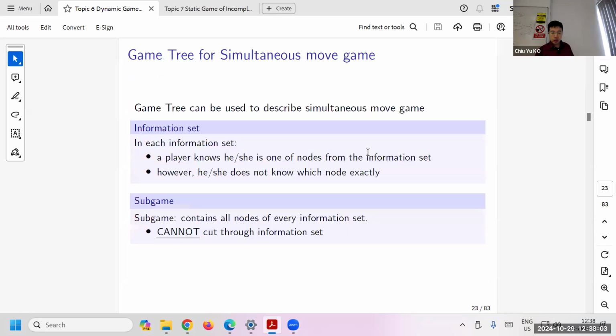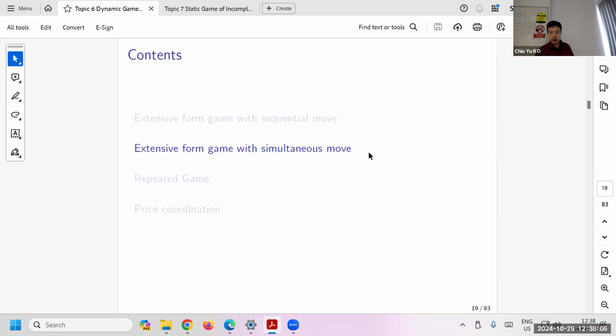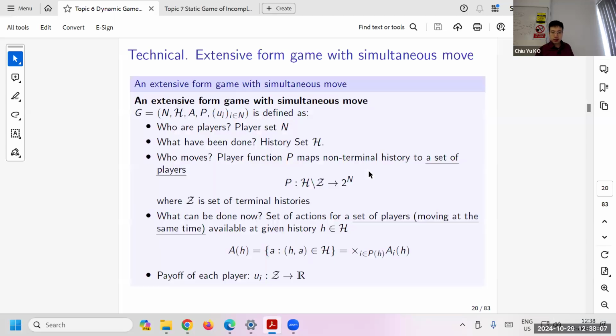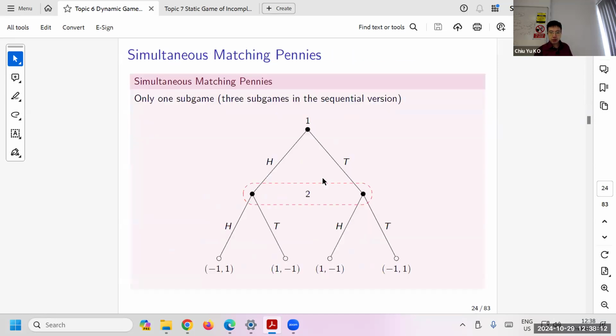Also, we talked about allowing simultaneous moves. In this kind of representation, you allow the same idea we covered in the previous topic, which is the simultaneous move game, because player 2 doesn't know what player 1 has chosen. So it simply means that, in fact, a static game is not really static.